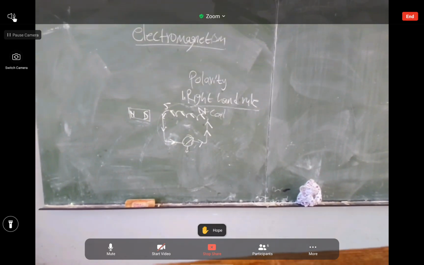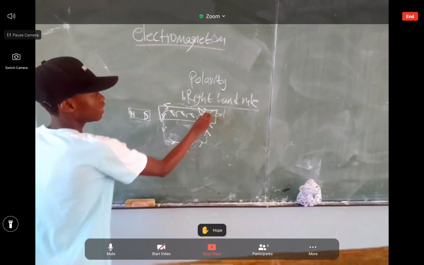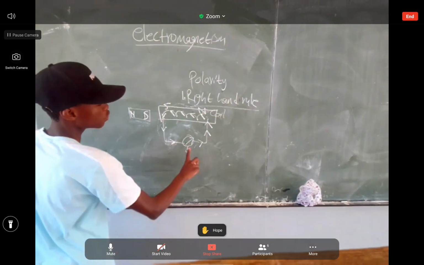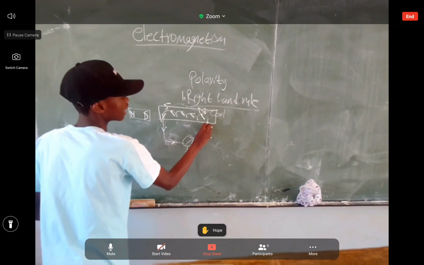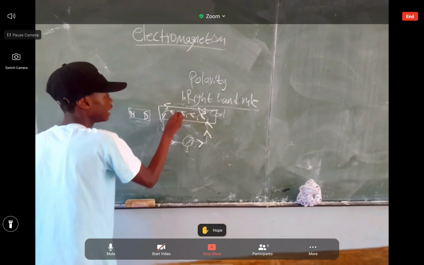I have applied the principle of the right hand rule, right? Because the deflection was to the right, this means that the current will move to the right in this direction. The way this change will move like this.